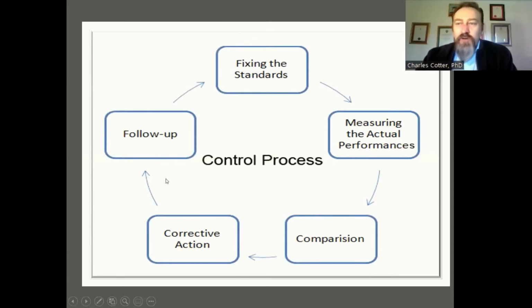This is typically the control process that we can see. These key performance indicators or performance standards that have been incorporated into your planning framework, we need to compare the actual to the planned performance. And let's be honest, 80% of the time there are deviations. The plan doesn't go 100% according to the plan. Never runs smoothly.